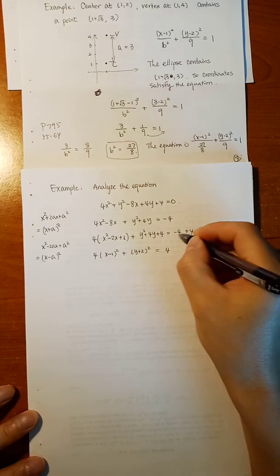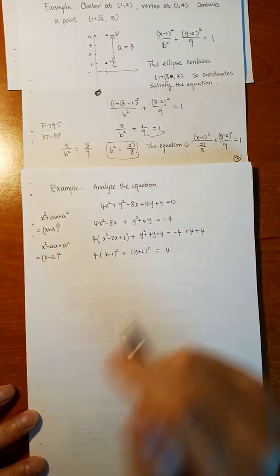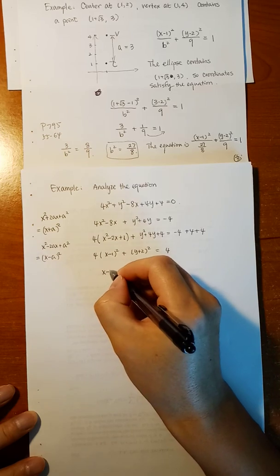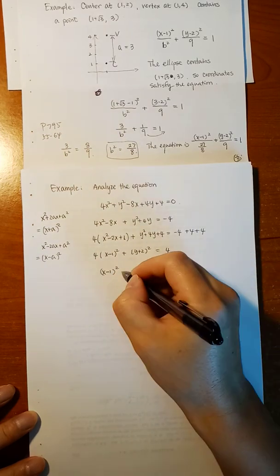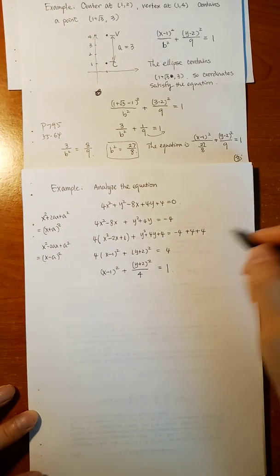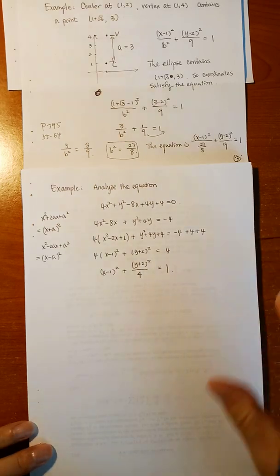This is a 4. Minus 4 plus 4, the plus 4 cancels. And then we divide everything by 4. I need the right hand side to be number 1, because the ellipse has a right hand side exactly 1.